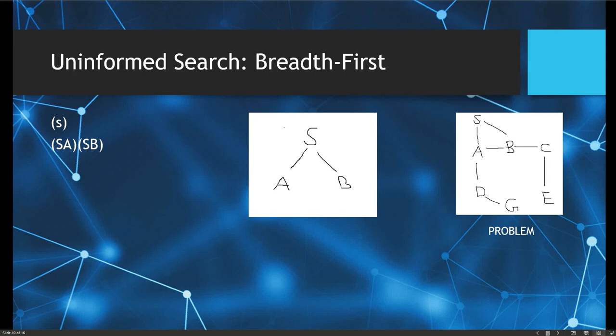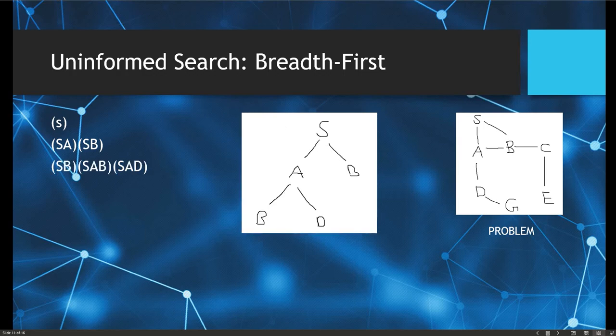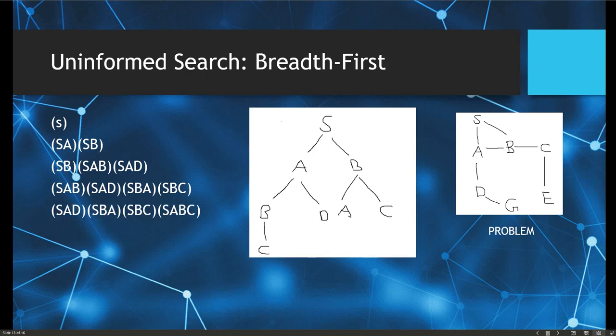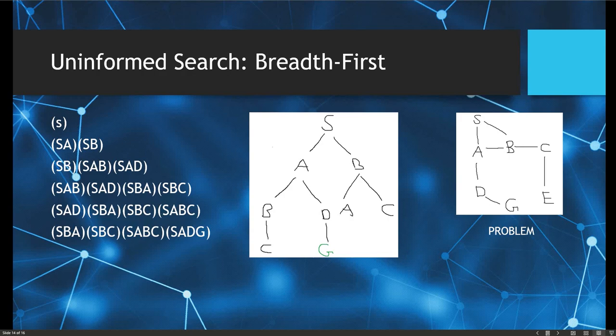After A and B, we go to the possible nodes from A first, which are B and D. Then we expand the possible pathways of B on the right, which are A and C. So going just like that, now let's expand B from the left, so we get C. Then expanding D, we get G. So we have already searched and found the solution at this point.